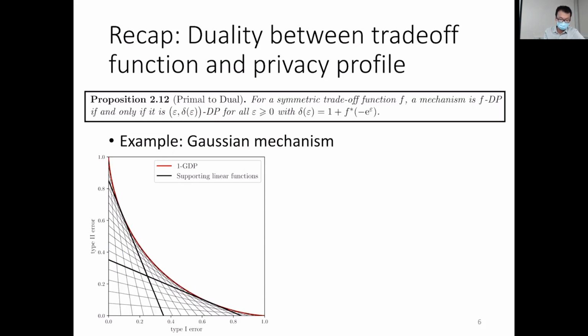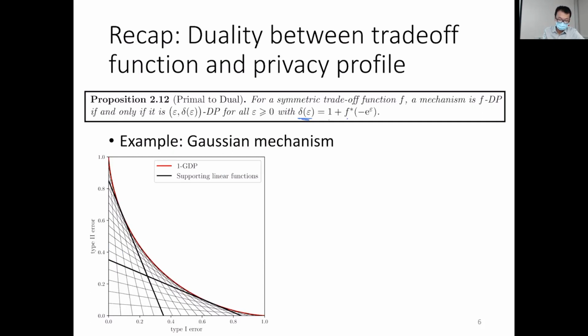This is a theorem from Jinshuo Dong et al., which says that the privacy profile of any mechanism is equal to 1 plus f star, where the star means taking the Fenchel conjugate, when the input is e to the power of epsilon.